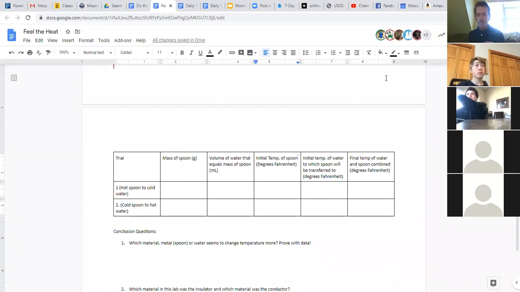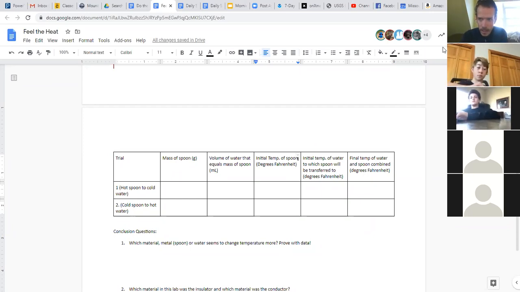If you want to right now, you can access this document by clicking on the link. And here's what I'll say. If you want me to fill in the table for you, I'm going to be filling this table in as we go. So you can wait to make your copy until after I fill this in. But if you want to make your copy right away and be an active participant and fill in as we go, you can do that as well.